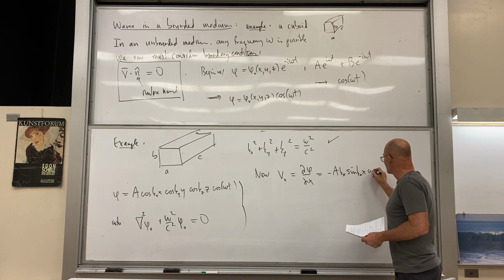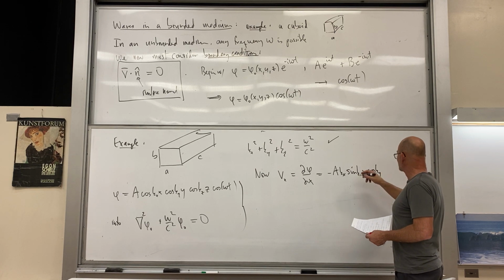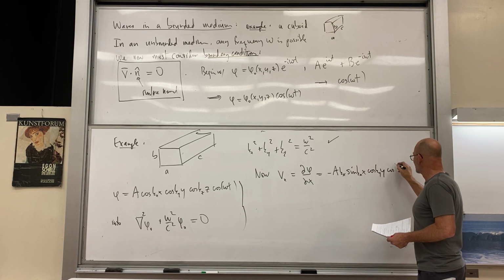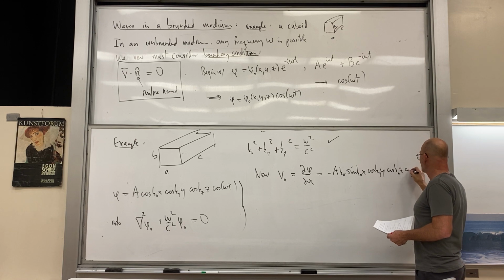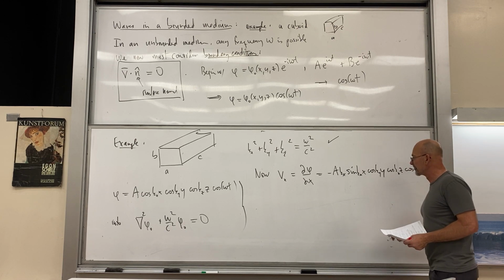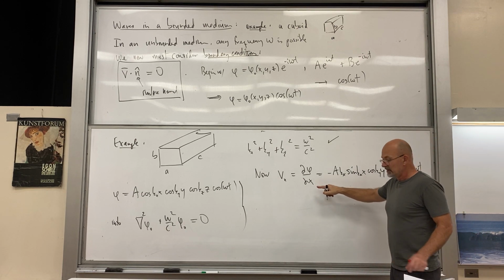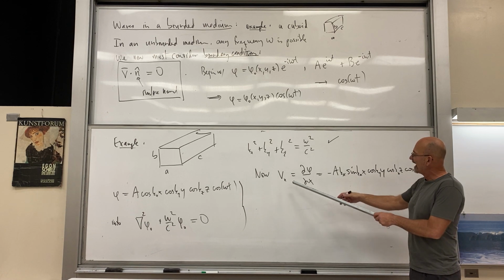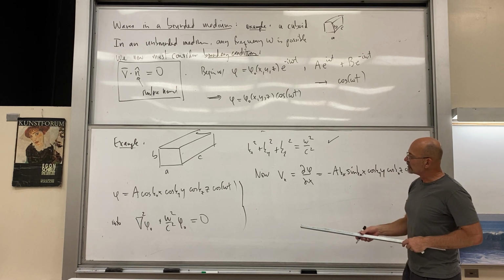I'll write everything out, because we only have to do this once: ky cosine kz z plus omega t. Here's the thing: this has to vanish at the boundary of the box.